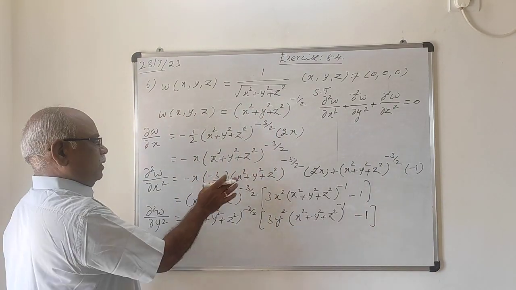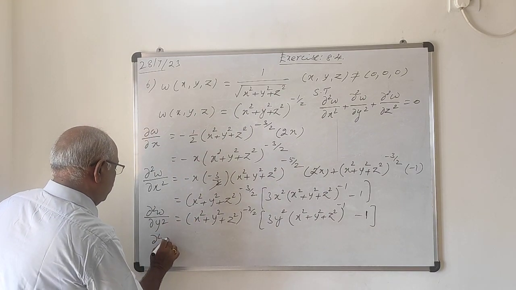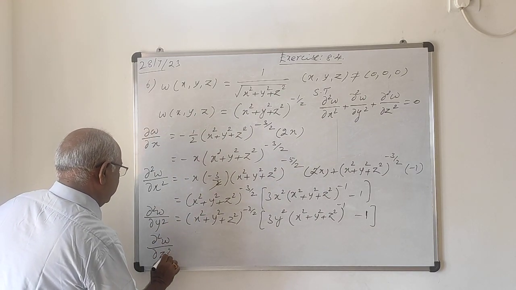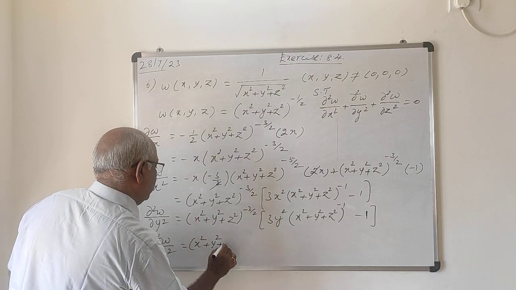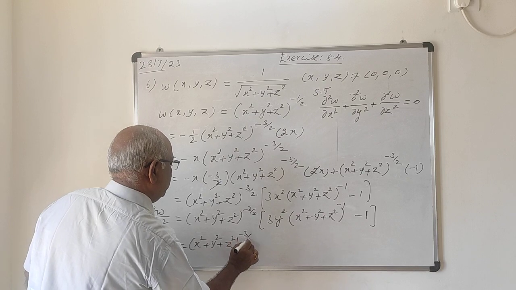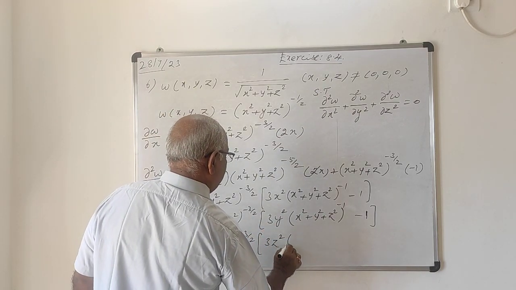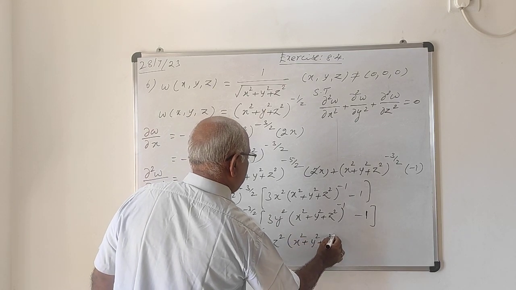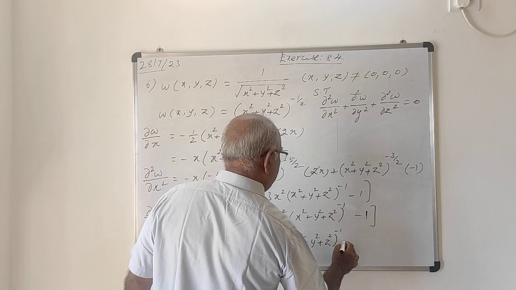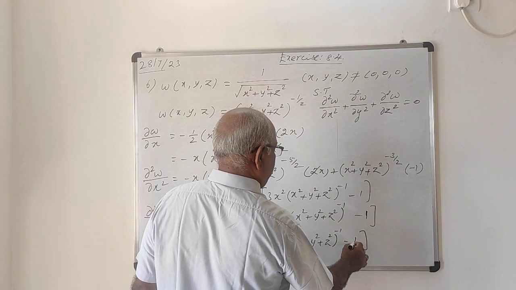The same thing is repeated because it is a cyclic function. Therefore, again ∂²w/∂z² is (x² + y² + z²) to the power minus 3/2 into 3z² into (x² + y² + z²) to the power minus 1, the whole minus 1.